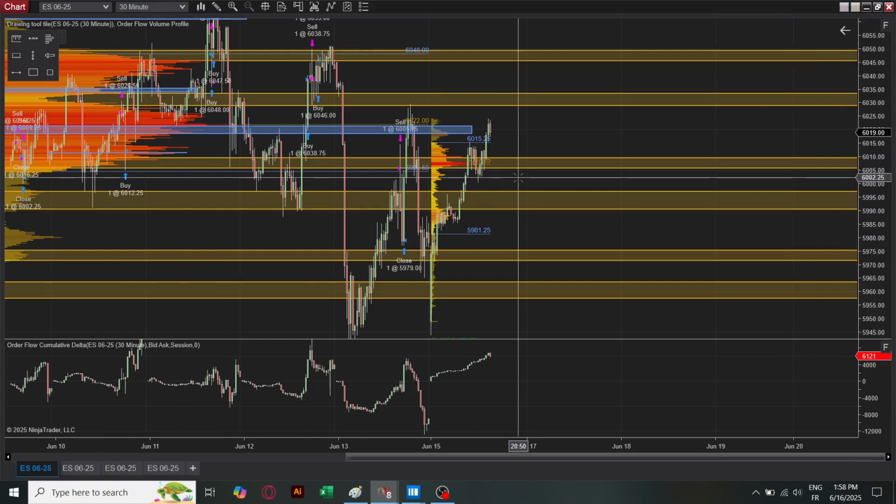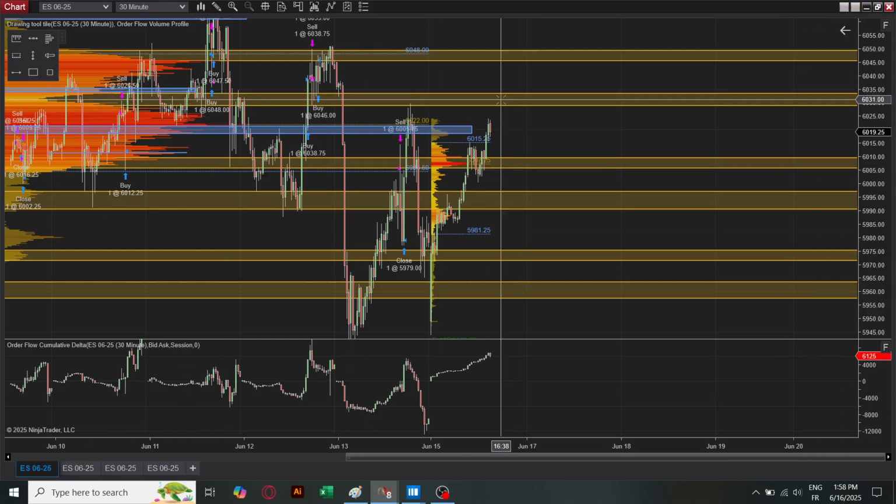And there is another thing. Another setup: if price comes here, to the lower, how am I going to say it, you see this high volume node on this edge, on the lower edge we have a low volume node that price reacted to many times, as you can see, even here.